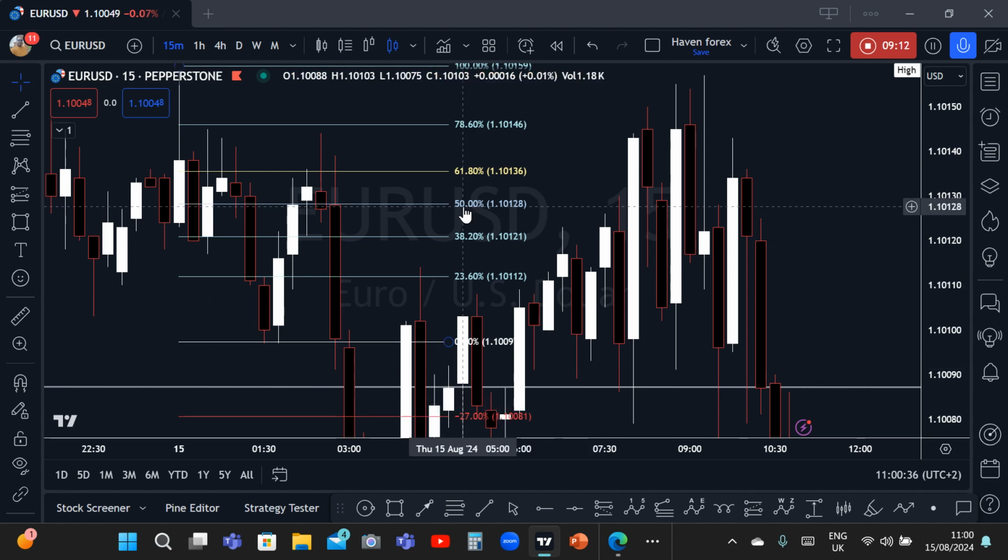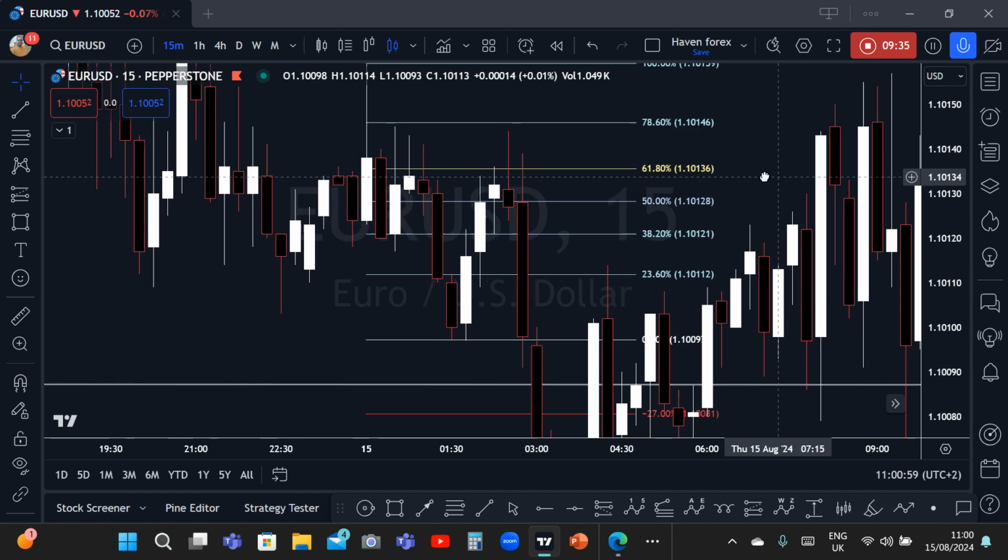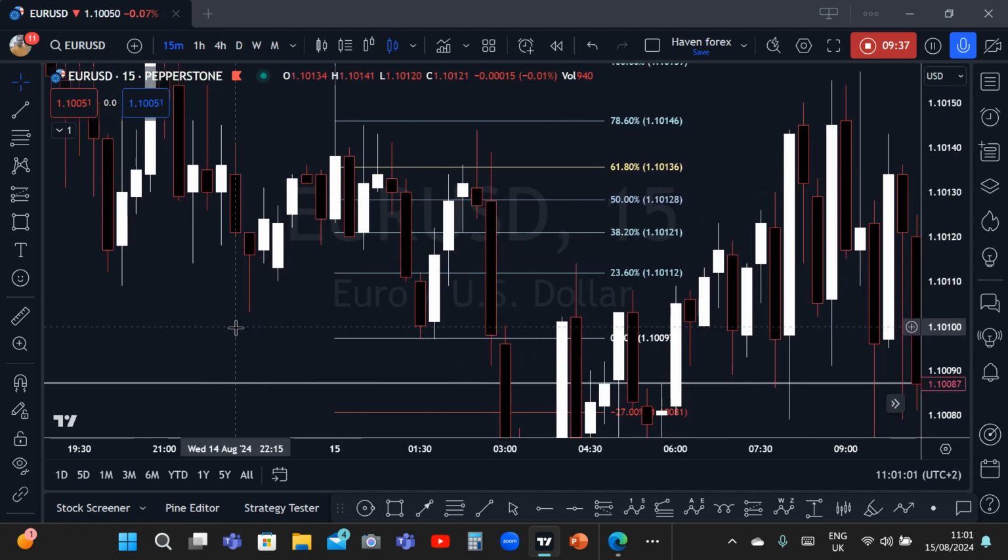If you look at this Fibonacci retracement tool at 50%, there is always price here. If you don't want to look at your right hand side, look at this 50% retracement. We have 1.10128. Assuming that is where you want to enter this trade now.